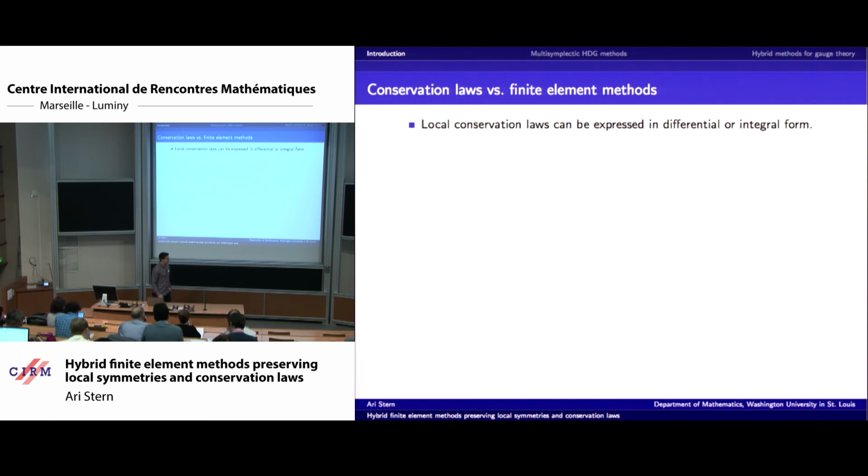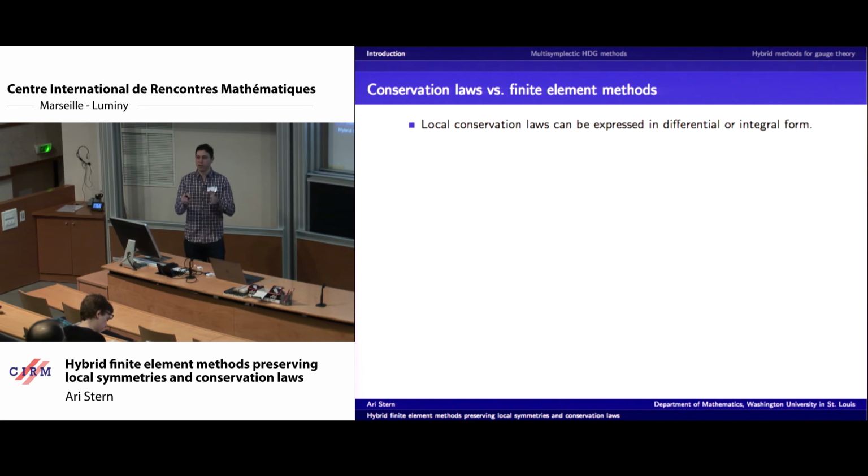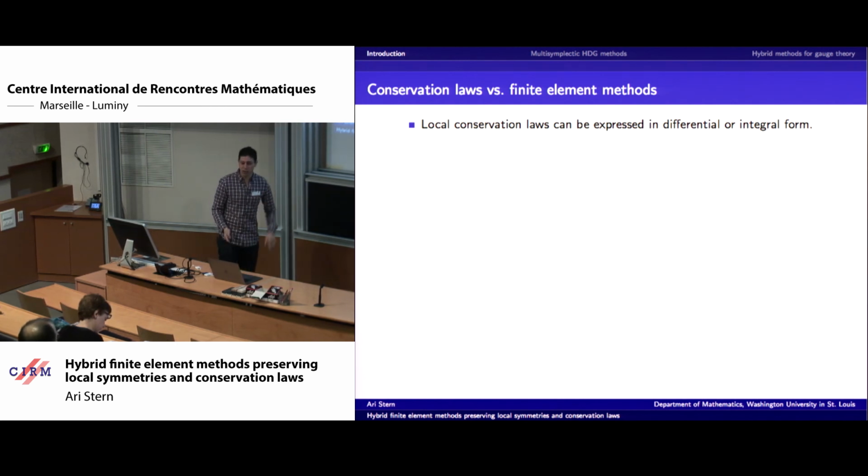So first of all, there are a lot of conservation laws that are local in space and/or in time, and we can usually express them in a differential expression in some infinitesimal way, which is maybe useful for doing calculus but not so useful for computation, and we can usually integrate it over something and get a finite expression of the conservation law.